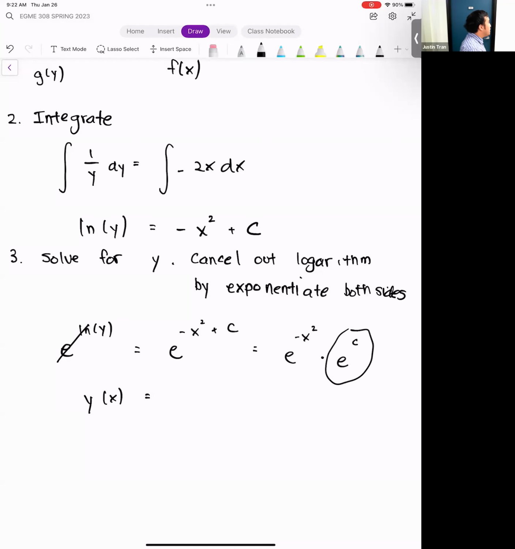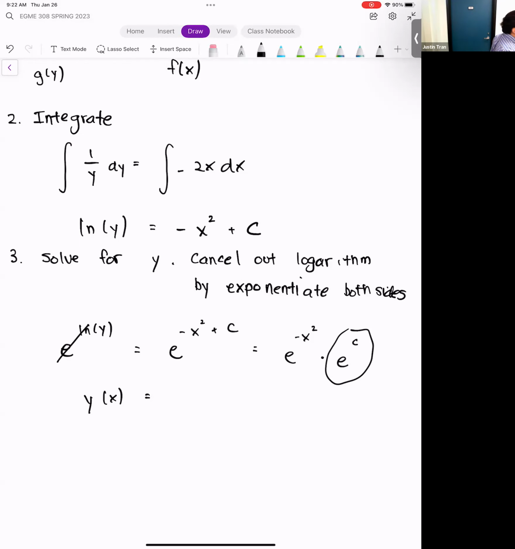And this e raised to the c here, I'm going to simplify our life just a little bit because we know c is some arbitrary constant. We haven't really defined its value yet. e is also a constant. Its value is like 2.718 or something irrational. Okay? And so since e and c are both constants, let's simplify our life a little bit.